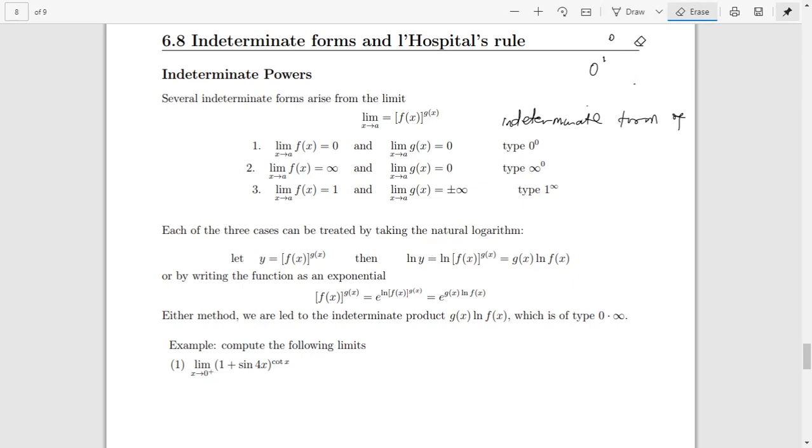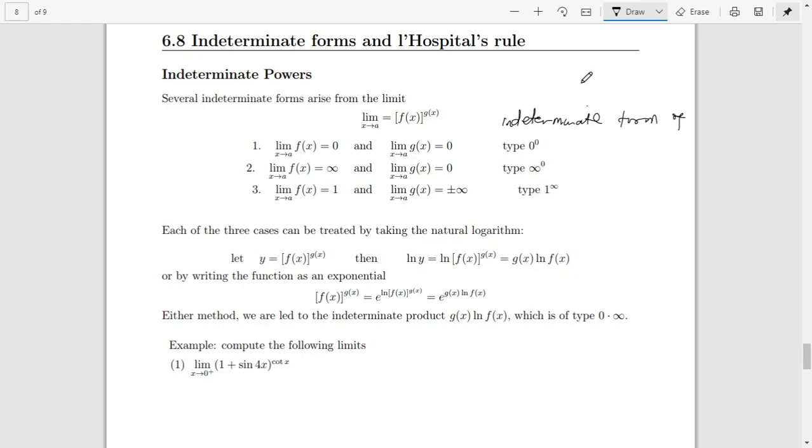Next, imagine that the limit of f of x as x tends to a is infinity, while the limit of g of x as x tends to a is 0. We have indeterminate form of type infinity to the power of 0. Now, why is this a problem?